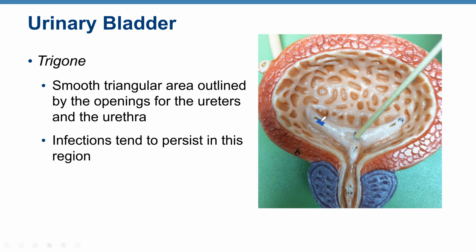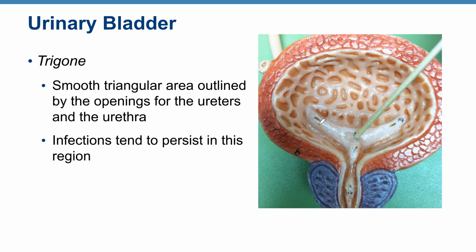These three openings make this triangular structure called the trigone. In this trigone, we have stretch receptors that send a signal to your brain that your urinary bladder is full, right?